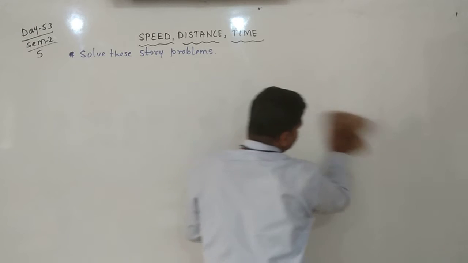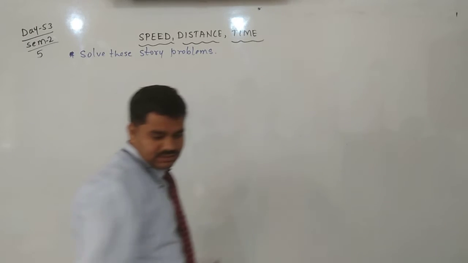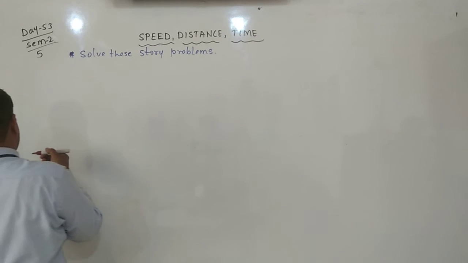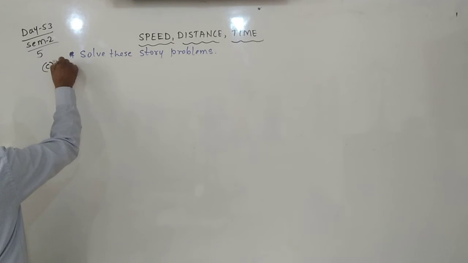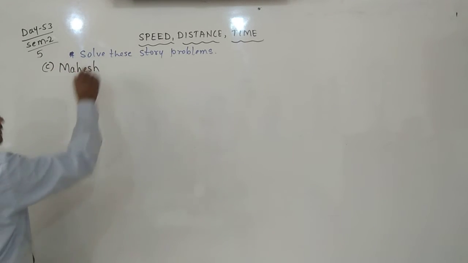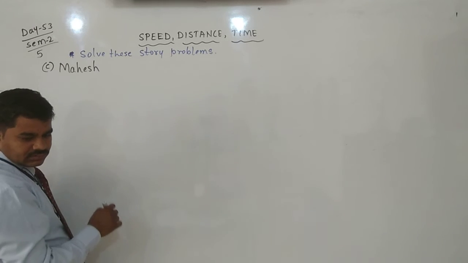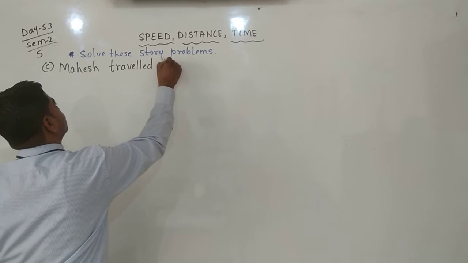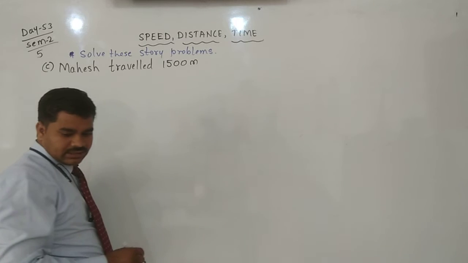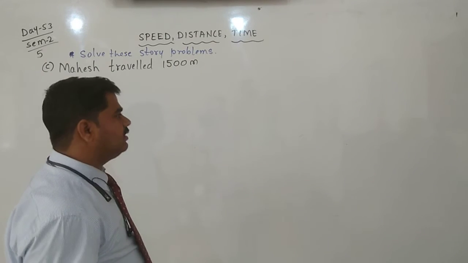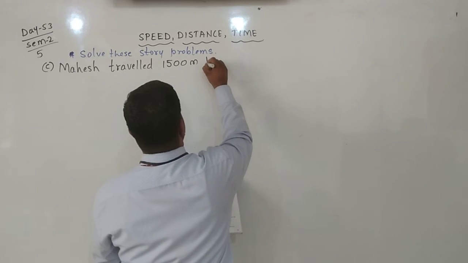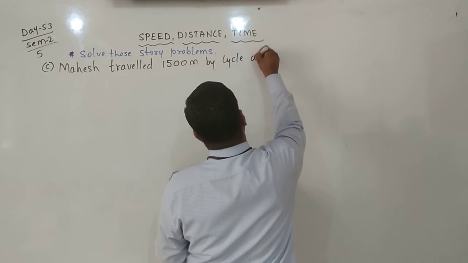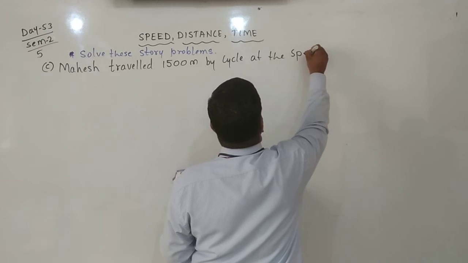Very simple to get the speed, distance or time. Mahesh traveled 1500 meter by cycle. Yes, you are also riding a cycle now.